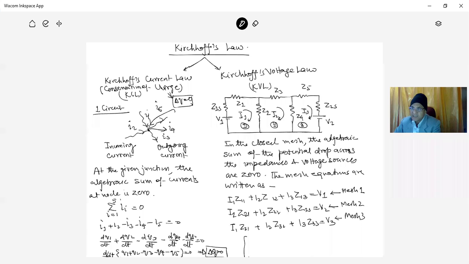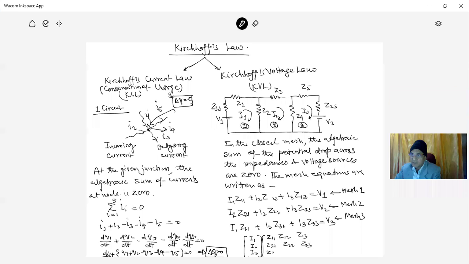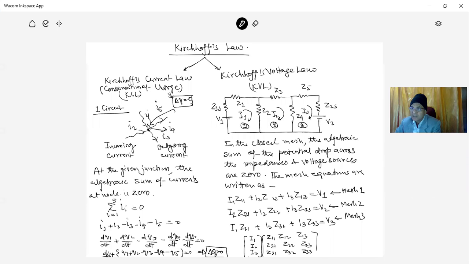This can be written as I1, I2, I3. Here it is Z11, Z12, Z13, Z21, Z22, Z23, Z31, Z32, Z33, and this is V1, V2, V3. These are the matrix equation.